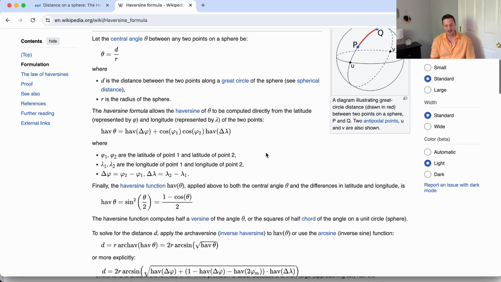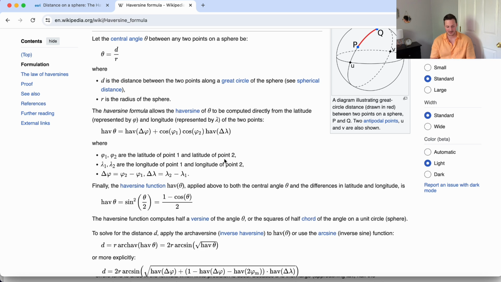Below that, we have the Haversine formula, which is haversine theta equals haversine delta phi, the change in phi, plus cos phi 1 times cos phi 2 times haversine delta lambda, the change in lambda, where the phis represent the latitude of your points, and the lambda is the longitude of your 2 points.